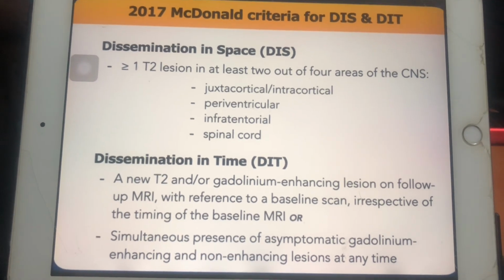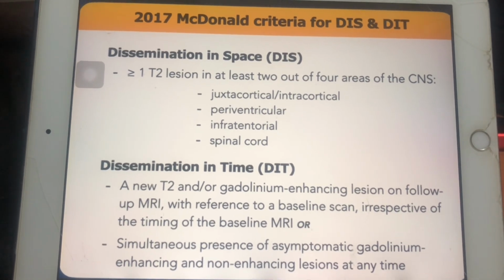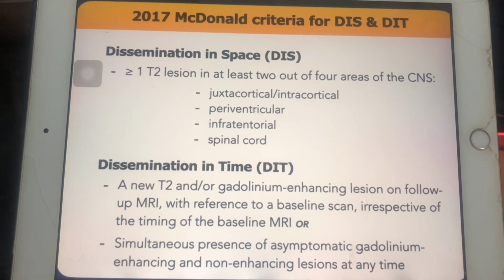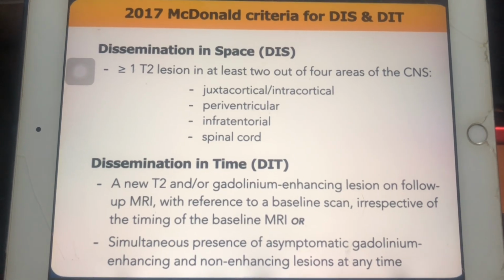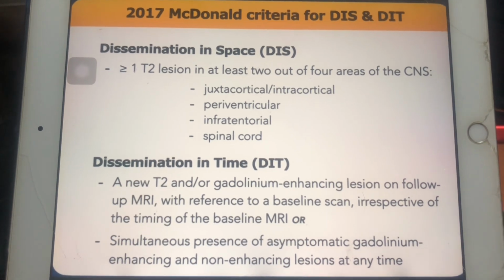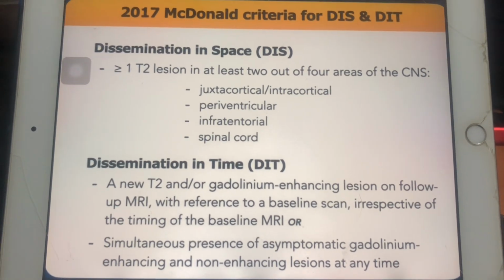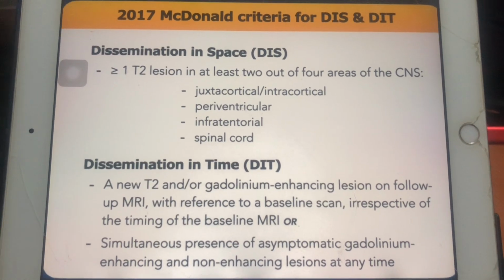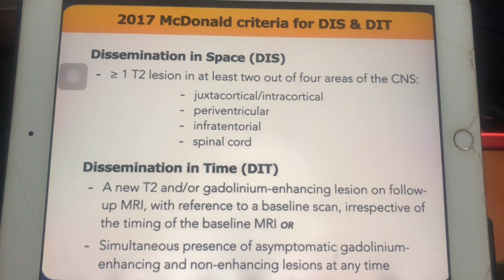The second thing is to demonstrate dissemination in time. What does that mean? You can either demonstrate dissemination in time with one baseline MR and then a follow-up MR, or you can demonstrate different ages of lesions in the same MRI. So how do we do that? We use 2 sequences. One is T2 and one is contrast-enhanced sequencing. The contrast that we use in MR is gadolinium.